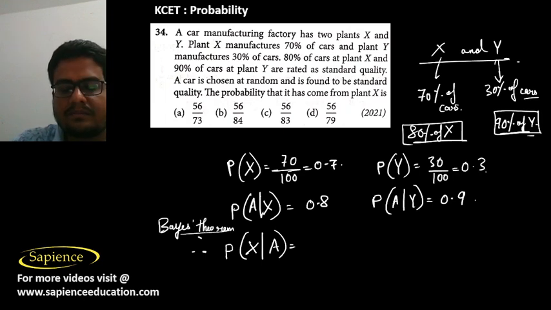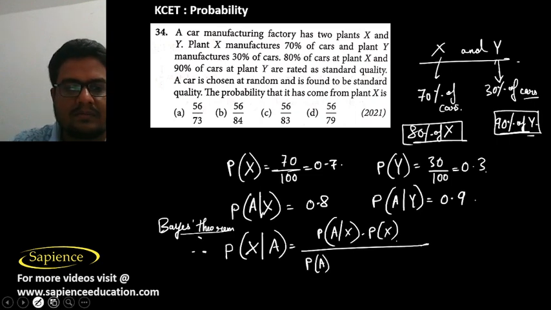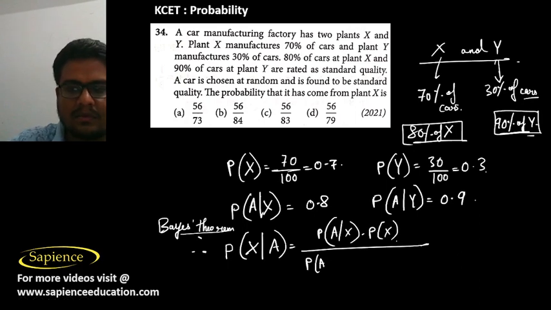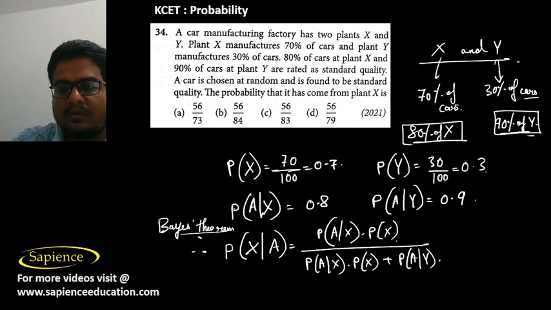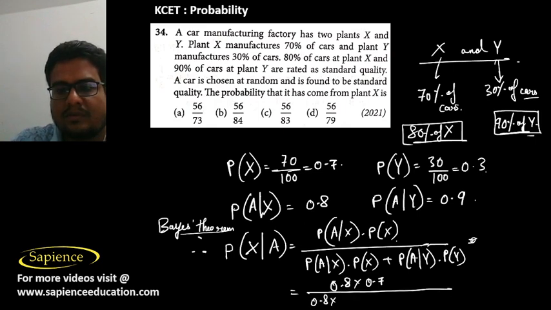This will be equal to P of A given X into P of X divided by P of A given X into P of X plus P of A given Y into P of Y. So that will be equal to 0.8 into 0.7 divided by 0.8 into 0.7 plus 0.9 into 0.3.